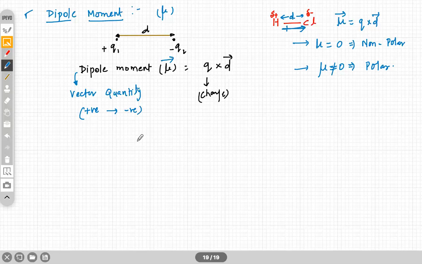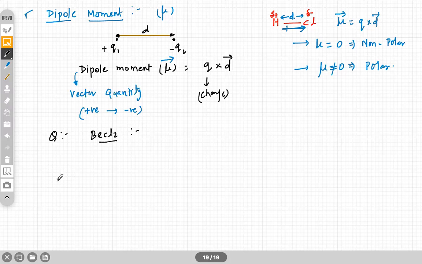Suppose we have BeCl2. Suppose we have BF3. One more we see, H2O. In these three molecules, you see which one is polar and non-polar.